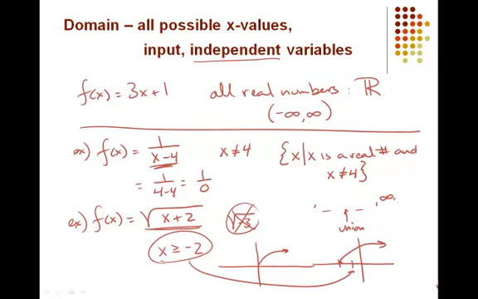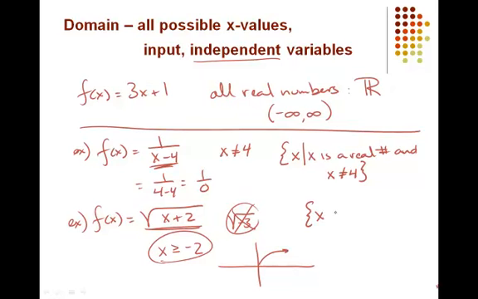Let's write this domain in our set notation. So in set notation, it would be the set of all x such that x is greater than or equal to negative 2. For our interval notation, we would say from negative 2, and we're going to include it this time, so we use the closed bracket, up to infinity.